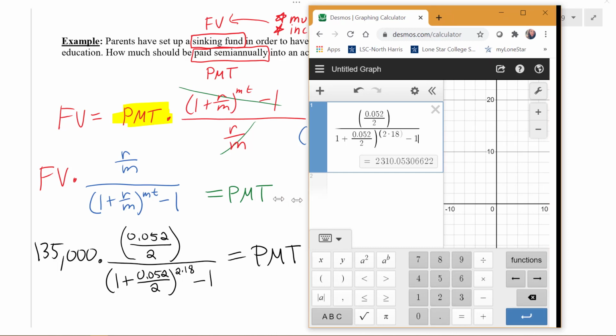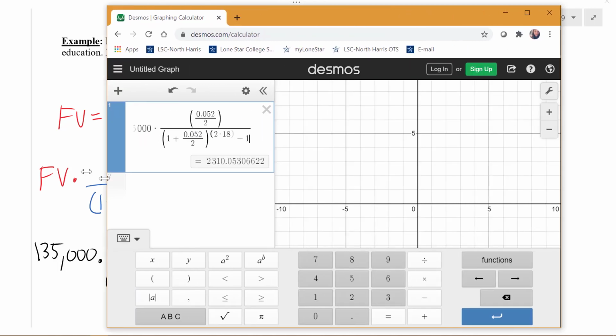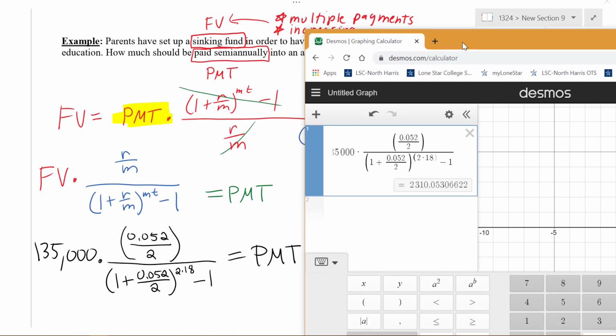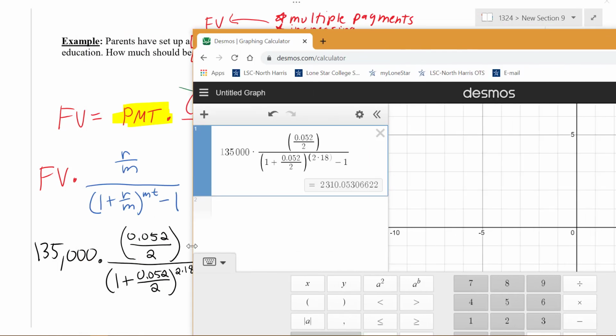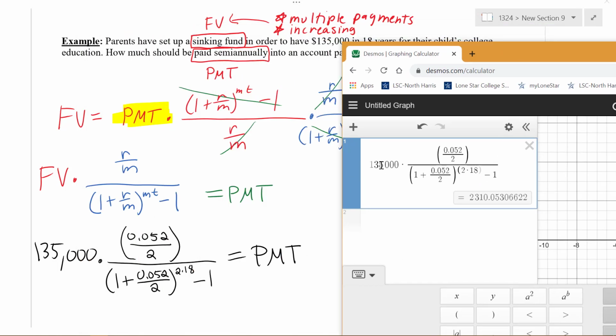Let's just double check to make sure we have everything correctly. I have 135,000, I have the top. I just want to make sure that we have that all typed in correctly before we walk away. Okay, so it looks good.